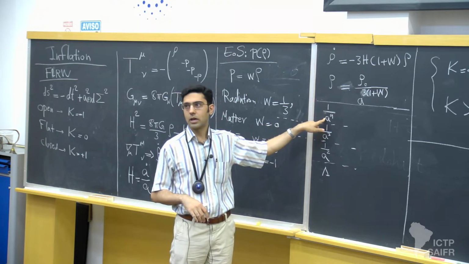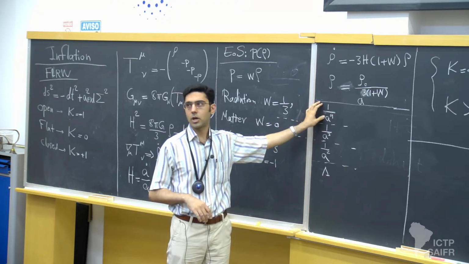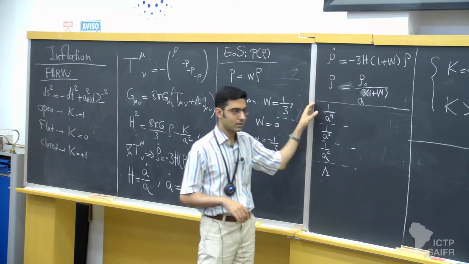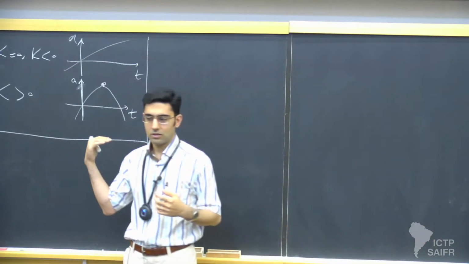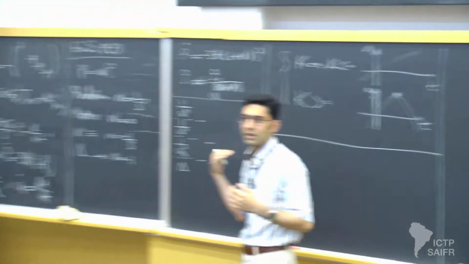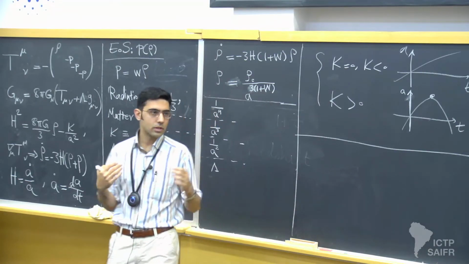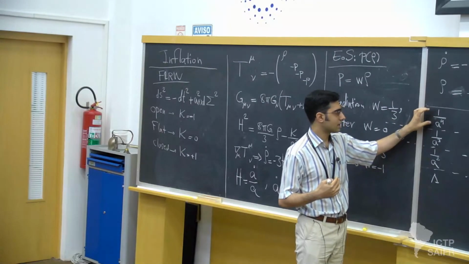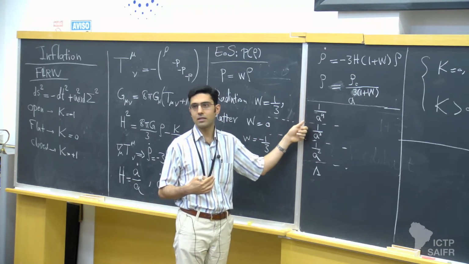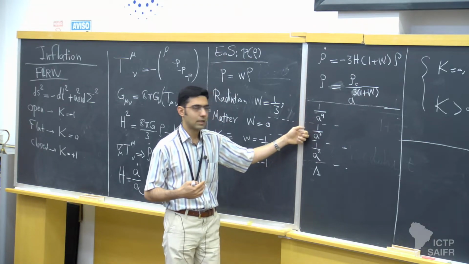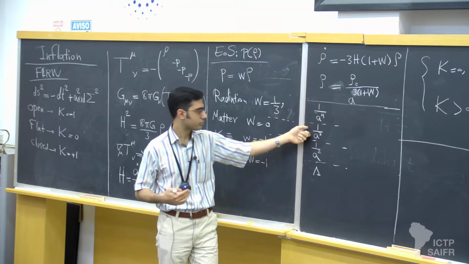Because as A becomes smaller, this part grows faster. That's indeed something that happens in the universe that we observe. As we go back in time, we see that there is an era of radiation domination. As time passes, then if we have some matter, eventually there will be a matter-radiation equality, and then matter takes over.